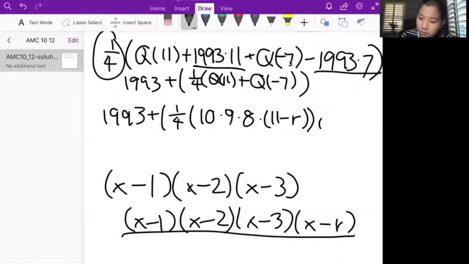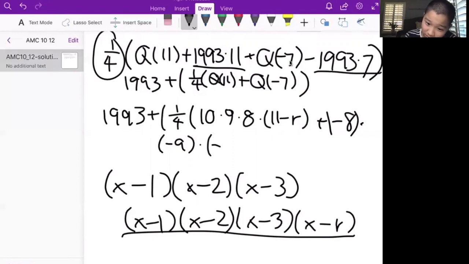And then plus q of negative 7, which is negative 7 minus 1, negative 8, times negative 7 minus 2, negative 9, times negative 7 minus 3, negative 10, times negative 7 minus r.